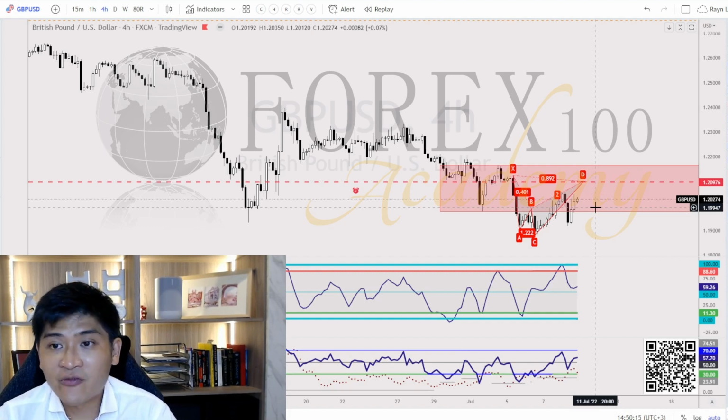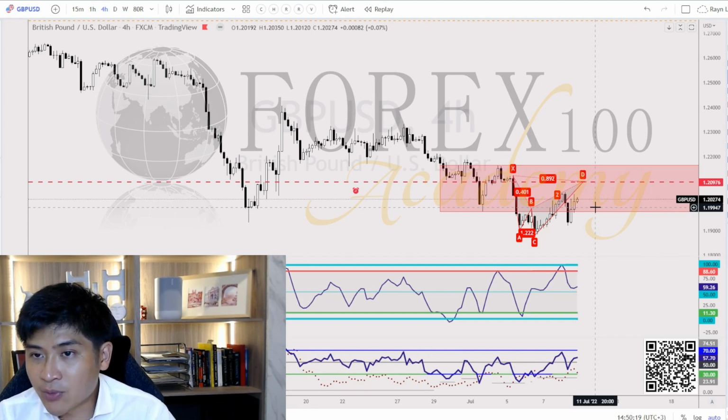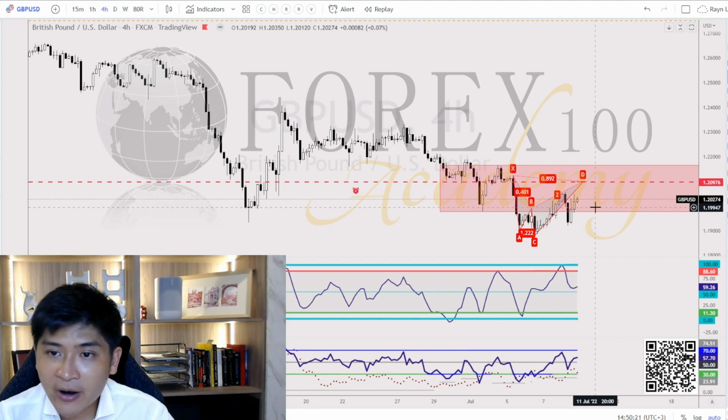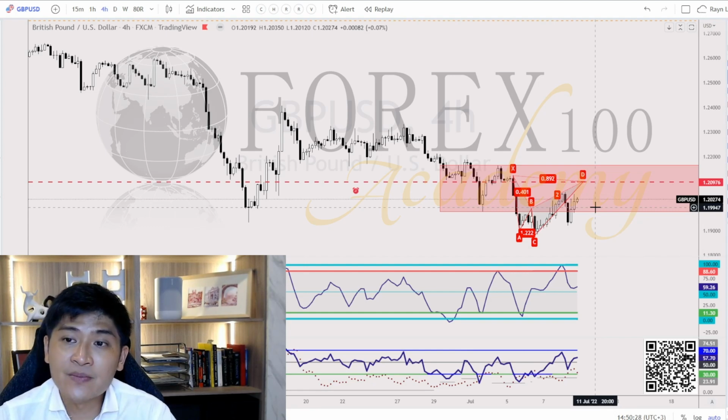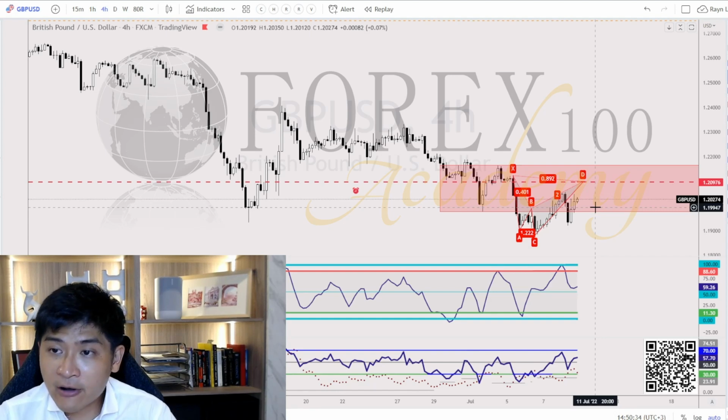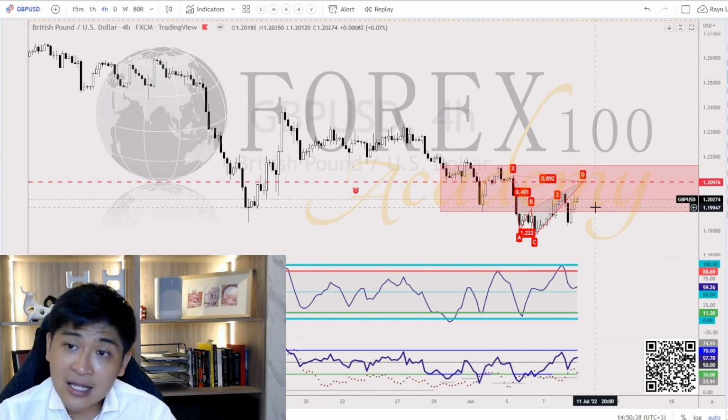I need to look out for that, especially when there is a 4-hour setup and a daily setup further from it, at a different price point. That's when I want to look for a confirmation before I engage a trade. Especially dealing with Shark, it can have as many as 3 different entry zones, correct? So I just need confirmation and then engage it. Trading Shark is not easy, that's why you have to learn.